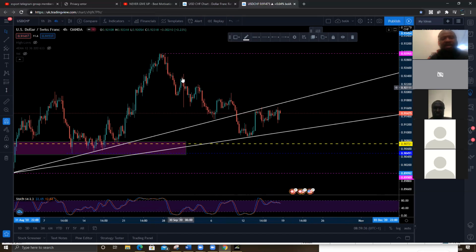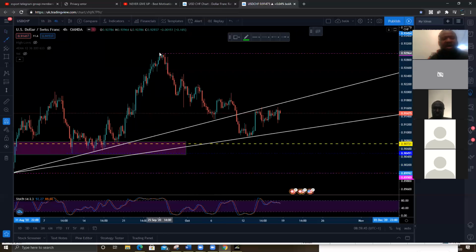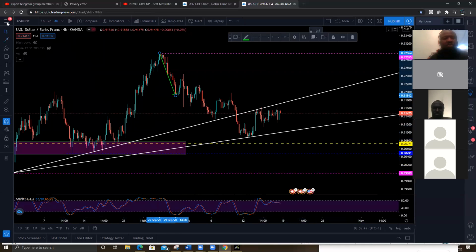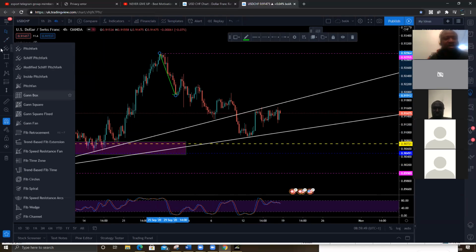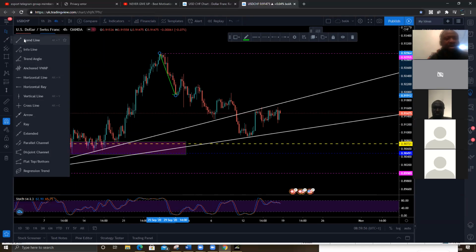And then this move is a descending channel correction of this impulsive move. So now we are facing a 4 hour view of how we are flowing when it comes to the way the money is going down.